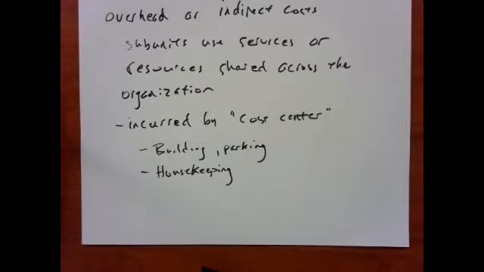Is it worth the effort to figure out how many quarts of Pine Sol were used in this service as opposed to that service? Or do we just do some sort of allocation method, which is what we're going to do in this chapter, that just says, all right, this many square feet, on average, we're going to use about this much supply cost, so we can aggregate it all up into housekeeping cost and just allocate it back out that way, right?